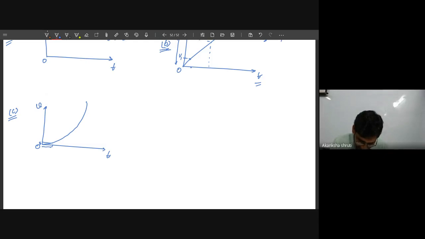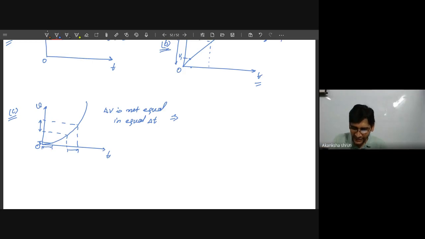But if I take the same time interval length from here to here, now the speed on the vertical axis is quite large. So in this case, speed change is not fixed. So delta V is not equal in equal intervals of time, delta T. Meaning this is not uniform acceleration.